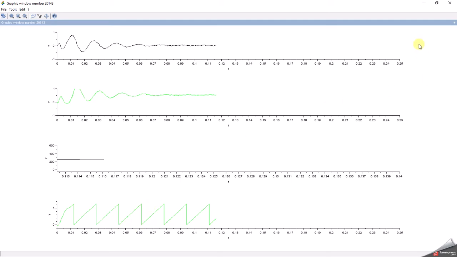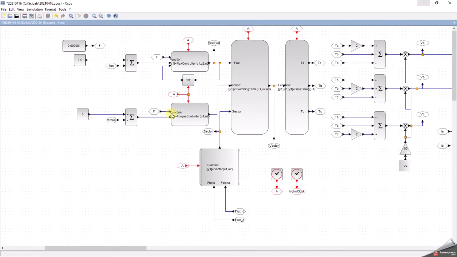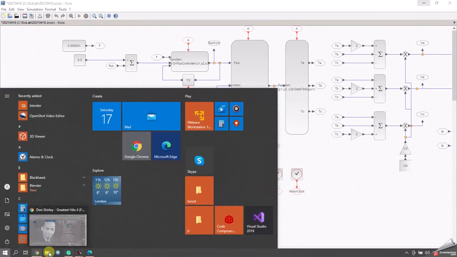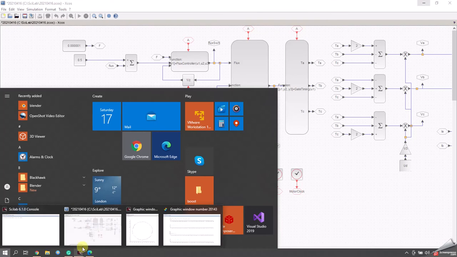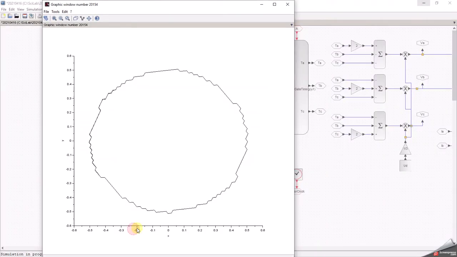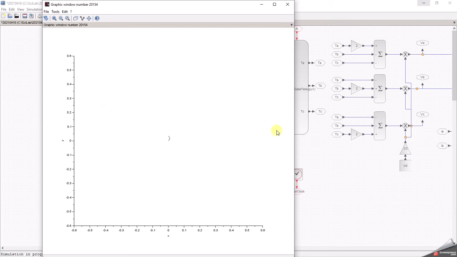Now, it seems to work. If we can run it again, show. Like I said, the litmus test of it is this one over here. Let's see if it's going to run. There we go.